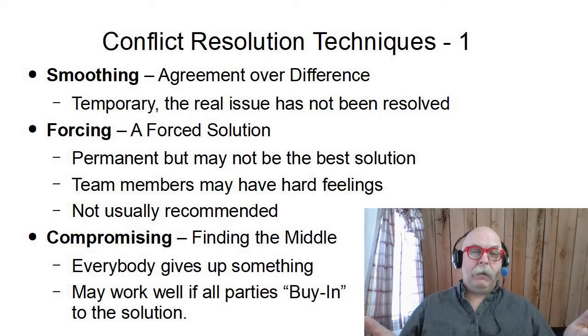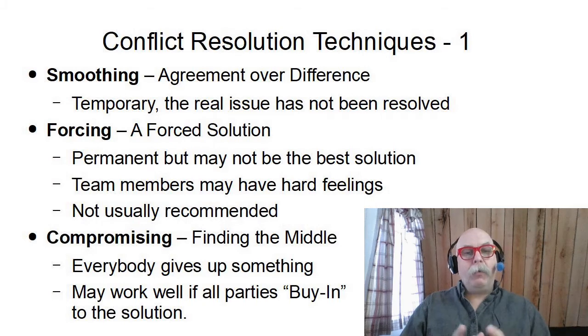Let's just keep moving. It's temporary. A smoothing technique of just pushing it down and smoothing it over is temporary because the real issue, the kernel of the problem, what's driving the conflict, has not been identified, and you've not really cleaned it up. It's still there, it's just been smoothed over.